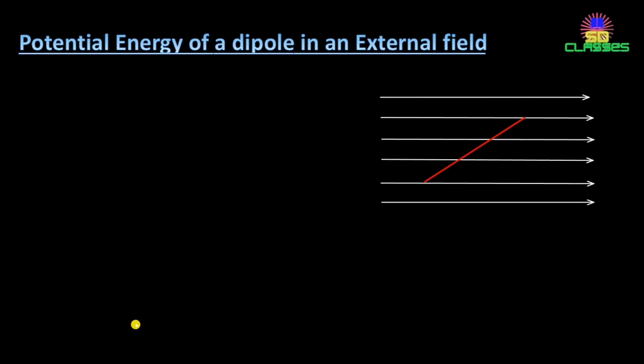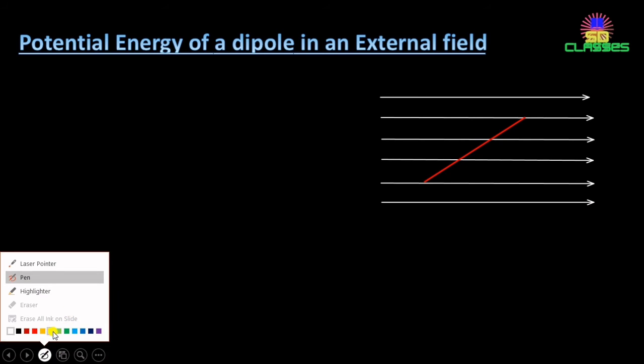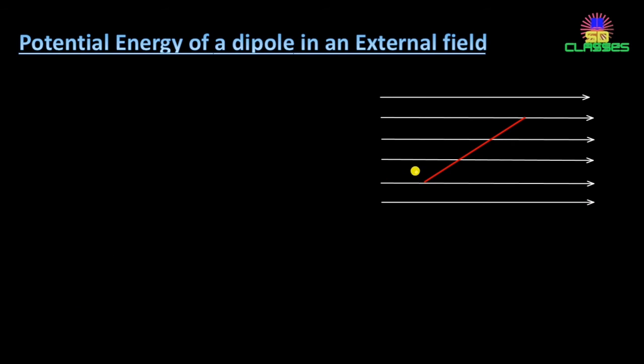So you can see here we have a dipole. Suppose the name of the dipole is AB, and here we have a minus q charge, and here we have a plus q charge. And we know that in an external field, the dipole will experience some torque, right?